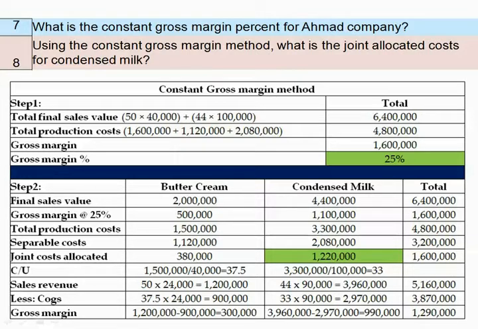Gross margin equals 6,400,000 minus 4,800,000 equals 1,600,000. Gross margin percentage equals gross margin divided by total final sales value. So 1,600,000 divided by 6,400,000 equals 25%.